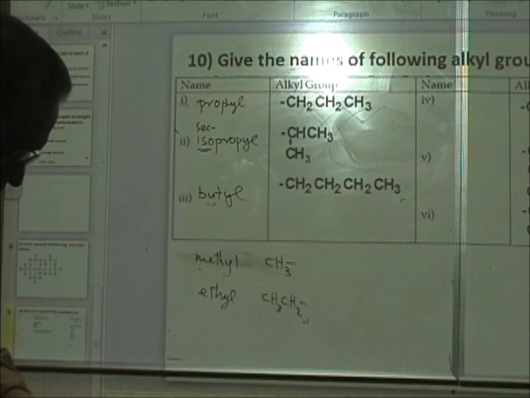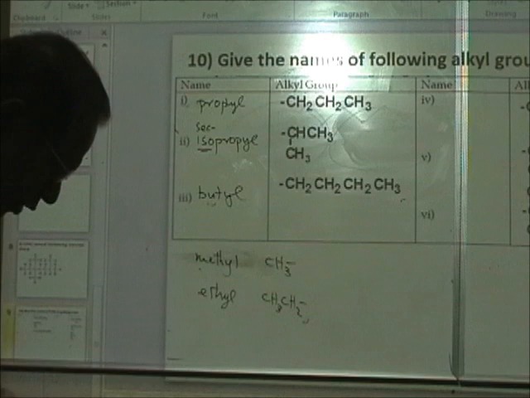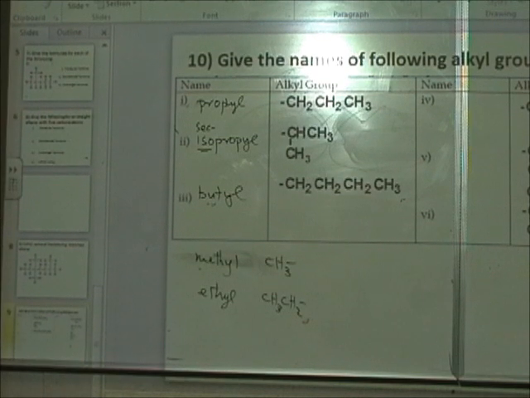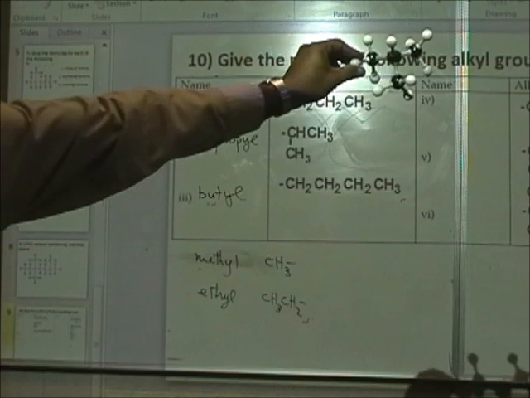But if you have butane, you can think of a butane like this. That's the normal butane. But you can take out one of these on a terminal and attach it to a middle carbon atom in here. Can you see this is different?